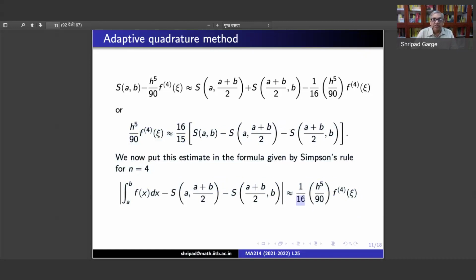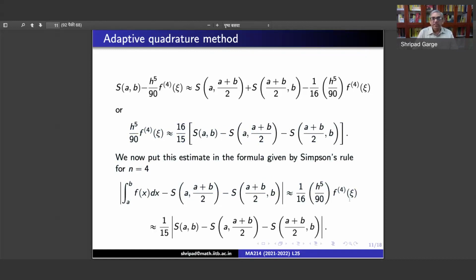The 16 here in the denominator gets cancelled with the 16 in the numerator, and we get that this is equal to 1 by 15 times S_AB minus the summation of the two values. Okay, so this in between error has been eliminated. We have obtained that the integration is closer to the summation of those two S values, 15 times closer than S_AB is closer to the summation of those two S values.